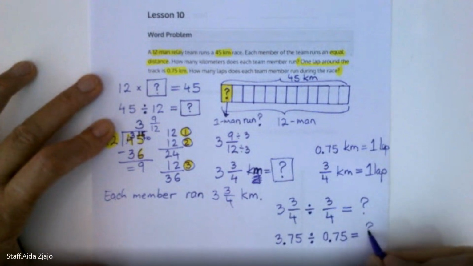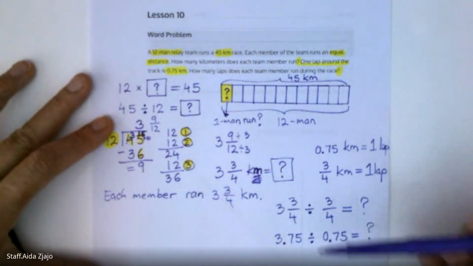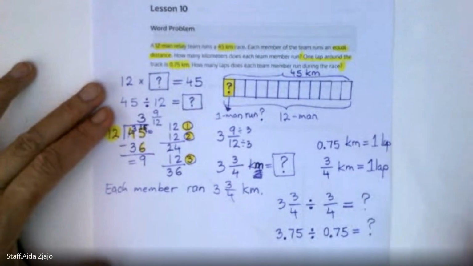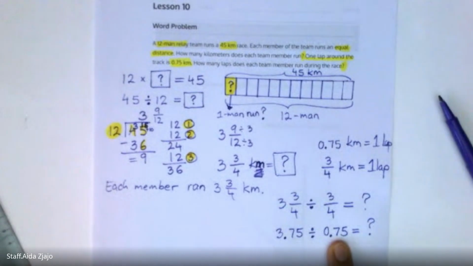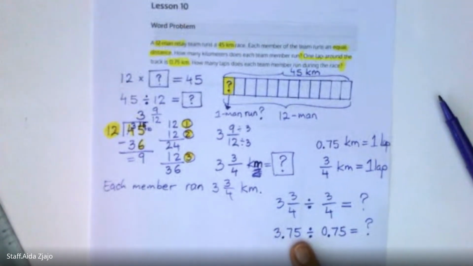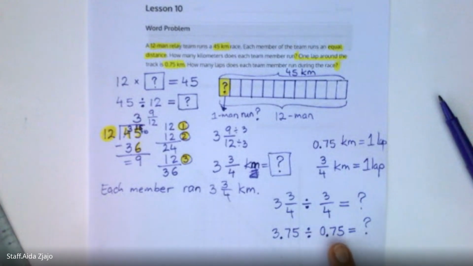If you want to do the standard algorithm, you can multiply this decimal by 100, so your problem will be solved by 375 divided by 75.